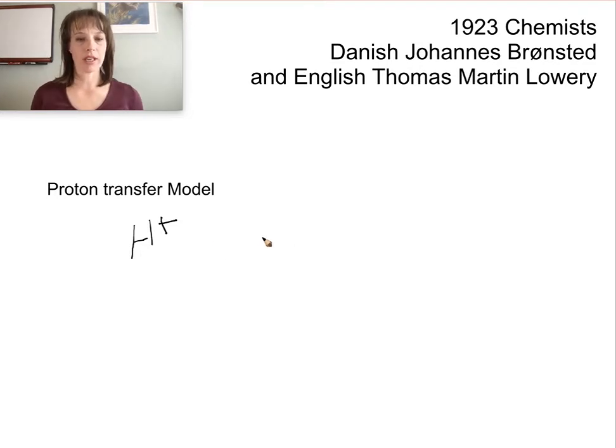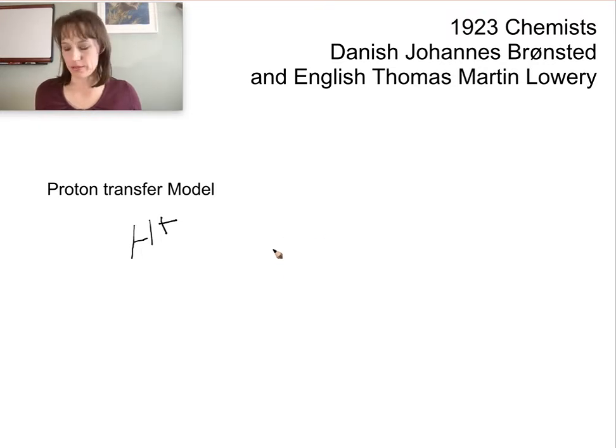But when we're looking at a proton acceptor, the base doesn't have to necessarily be the hydroxide ion to create hydroxide ions in solution.